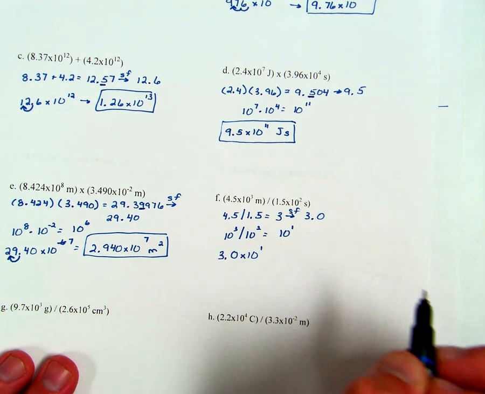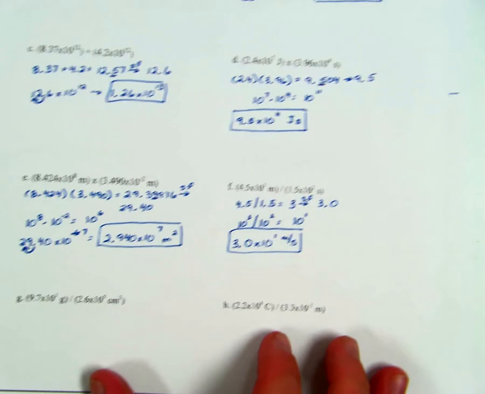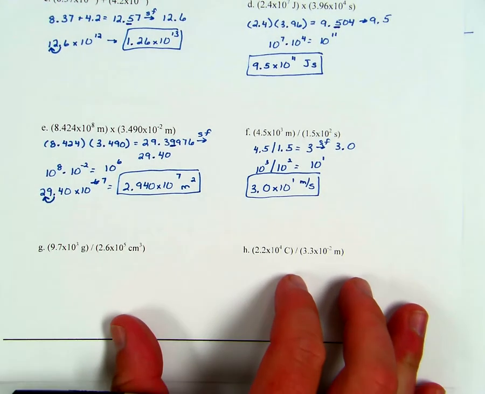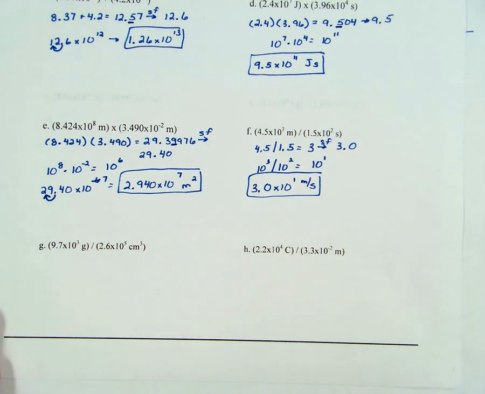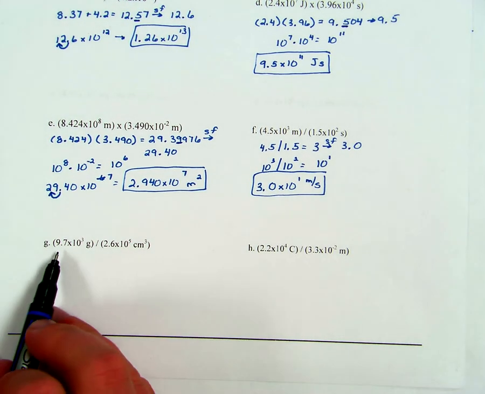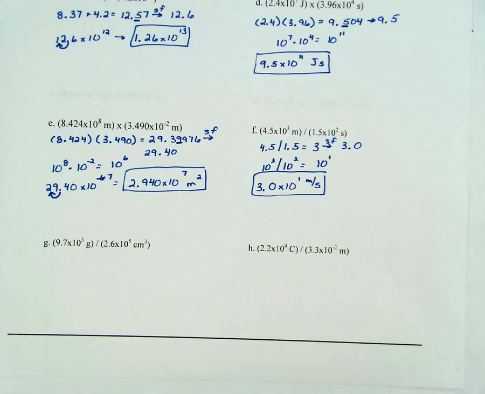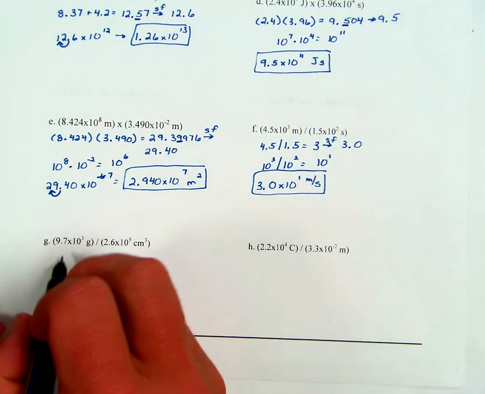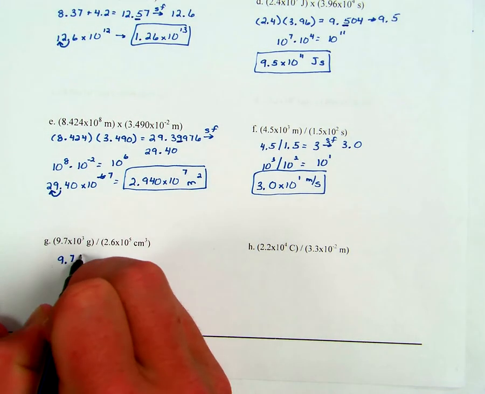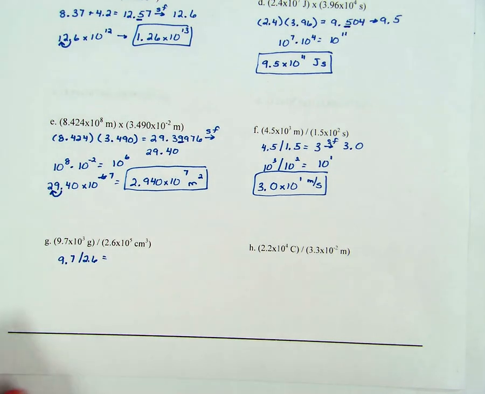Alright, these next two examples, and these are the last two examples, are both division, so we'll just see how those work. We have 9.7 times 10 to the third divided by 2.6 times 10 to the fifth. So just divide your mantissas. 9.7 divided by 2.6 gives us 3.730. I only get 2 sig figs because both of those values are 2 sig figs.